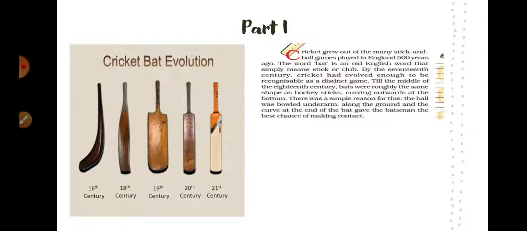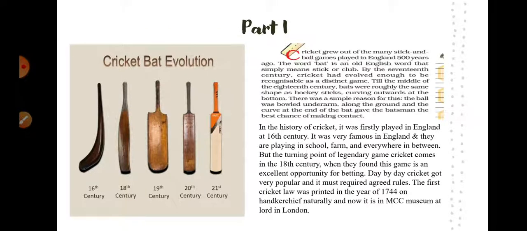In the very first picture, the cricket bat looks almost like a hockey stick. Secondly, it was a thin strip of wood. Then the blade took place, and the manner and the size of the blade varied in the last 2 centuries, the 20th and 21st.